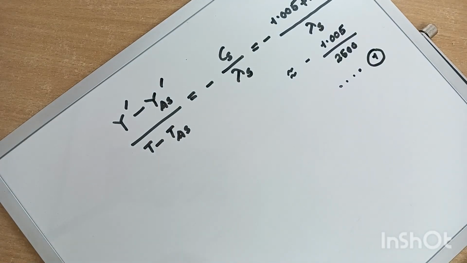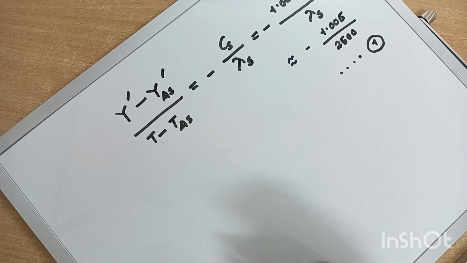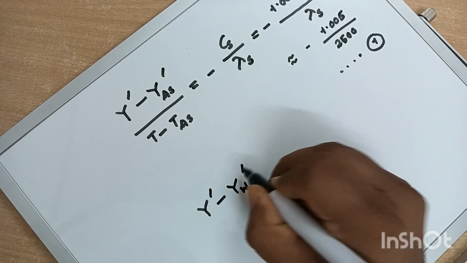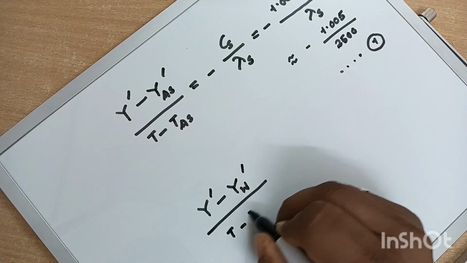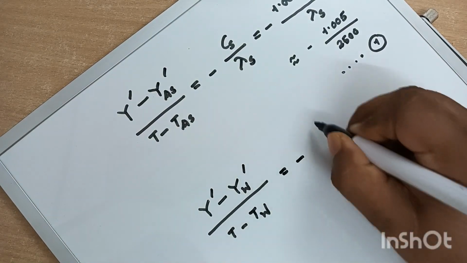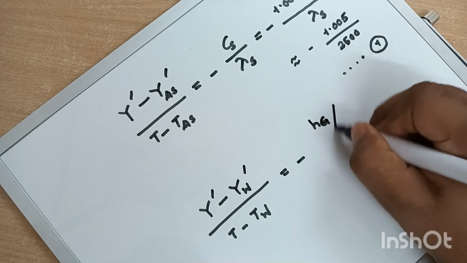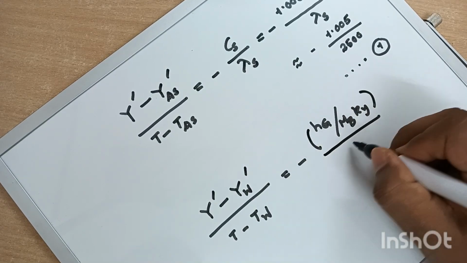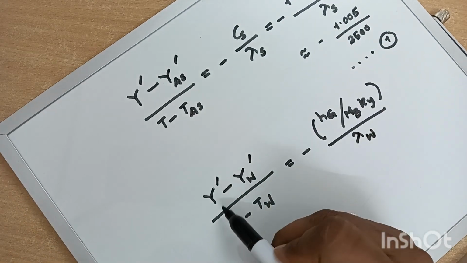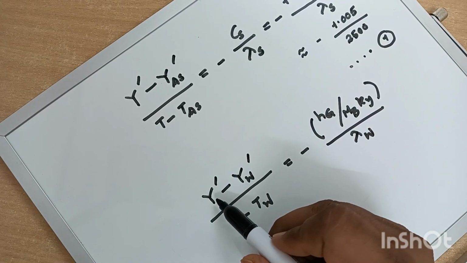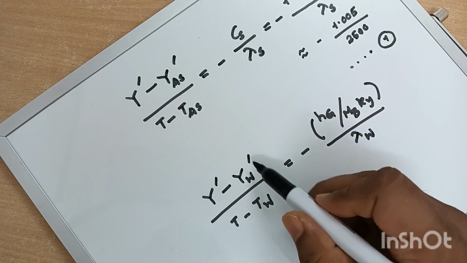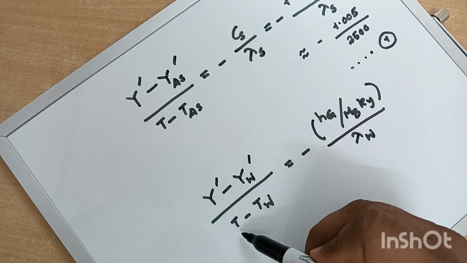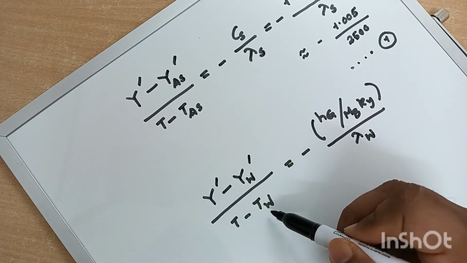Now let's see what the mathematical expression for wet bulb temperature is. It is (y' - y_w')/(T - t_w) = -(h_G/(M_B k_Y))/λ_w. Okay, so y' stands for absolute humidity, y_w' stands for humidity corresponding to wet bulb temperature, T stands for the dry bulb temperature, and t_w stands for the wet bulb temperature.